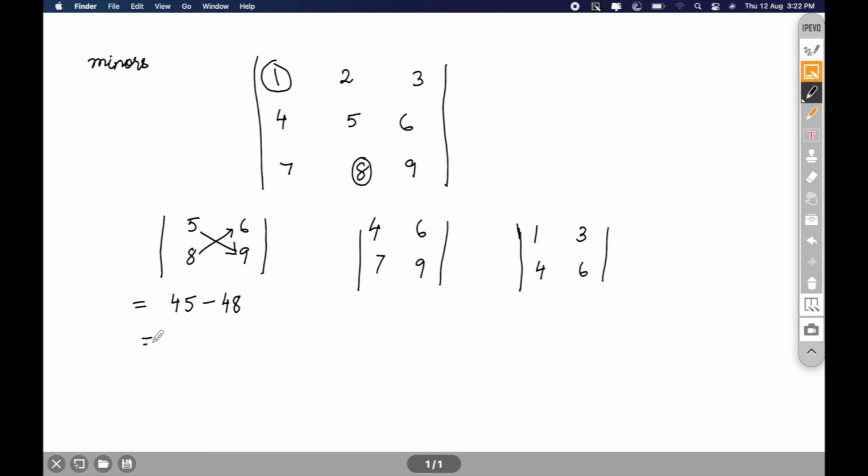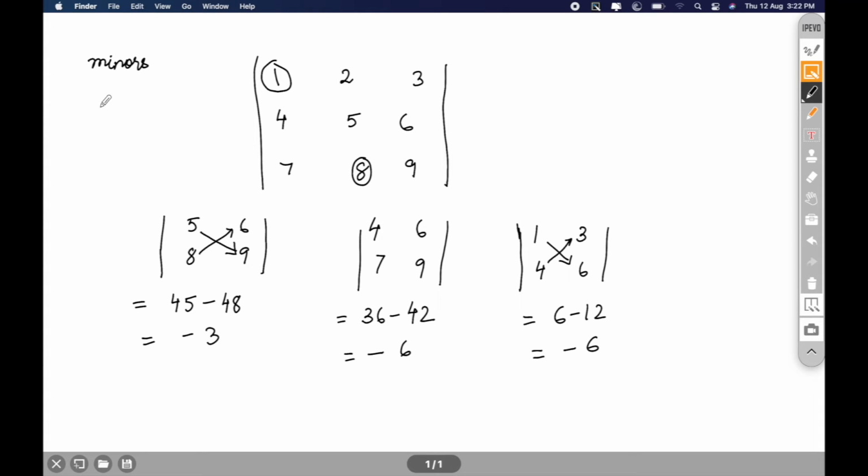That is minus 3. Similarly, here also 4 into 9, 36, minus 7 into 6, 42. That is minus 6. In this case, 1 into 6 is 6, right? And minus 4 into 3 is 12. So, minus 6 here also.